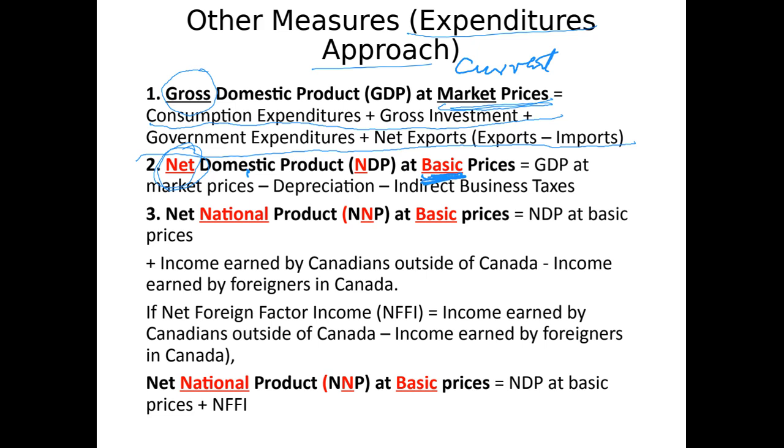By basic price, I mean price without taxes, without sales tax, basically. So if I want to calculate net domestic product at basic price, it's easy. First, I calculate GDP at current prices, that is market prices, and then I subtract depreciation to get from gross to net, and then I subtract indirect business taxes. Sales tax is one of the examples of indirect business taxes. I get net domestic product.